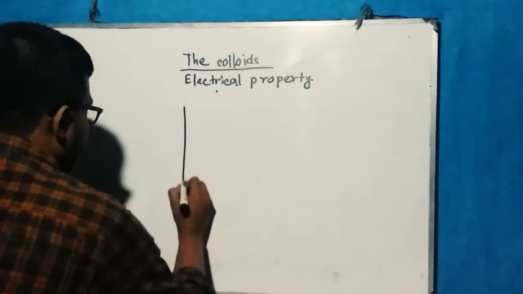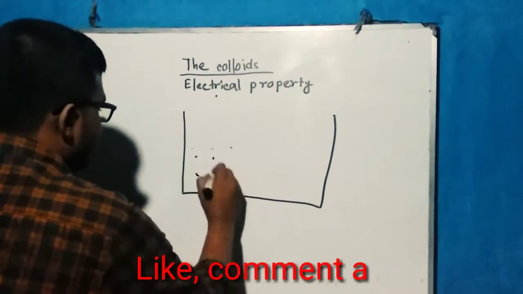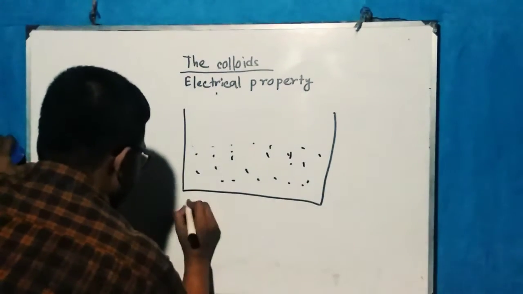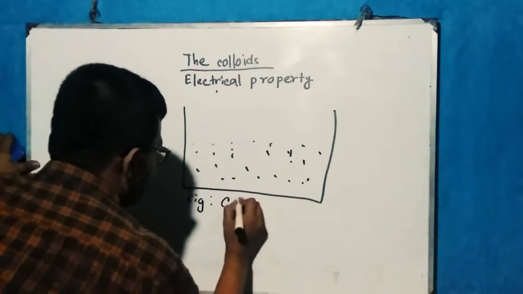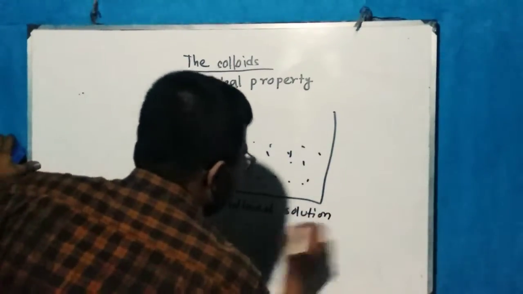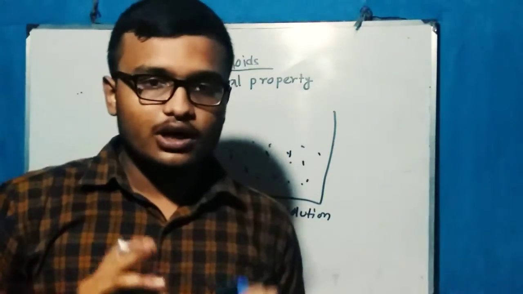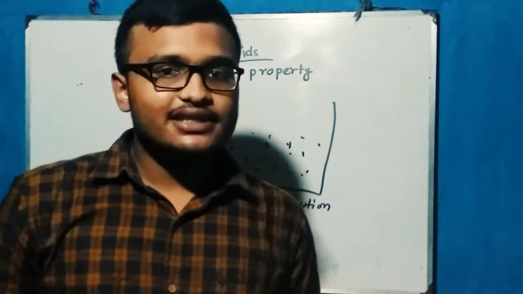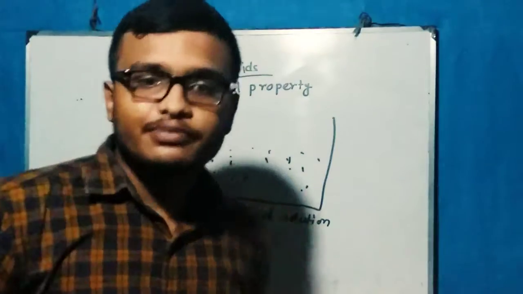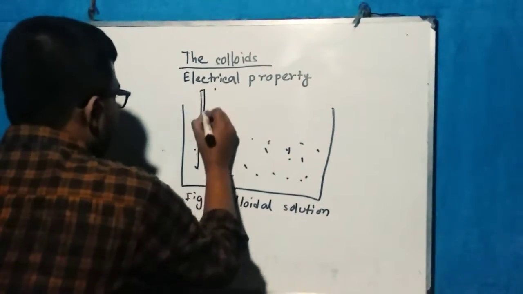We have taken a container, a huge container. In this container there is a colloidal solution. In this solution we have to take two electrodes, one is anode and the other one is cathode, connected to a high voltage source.